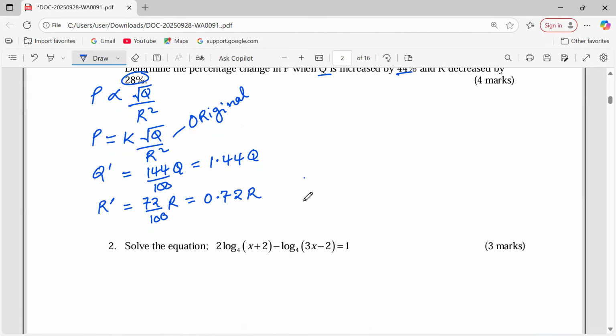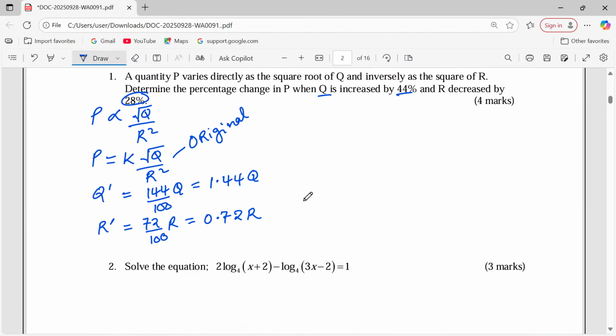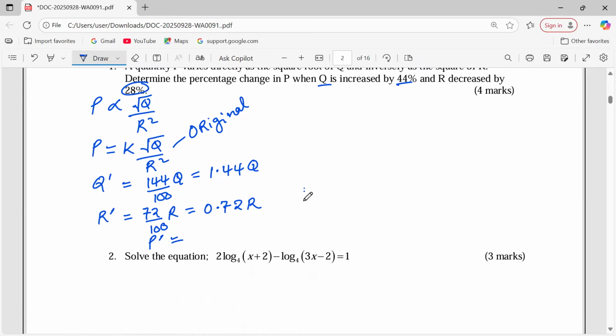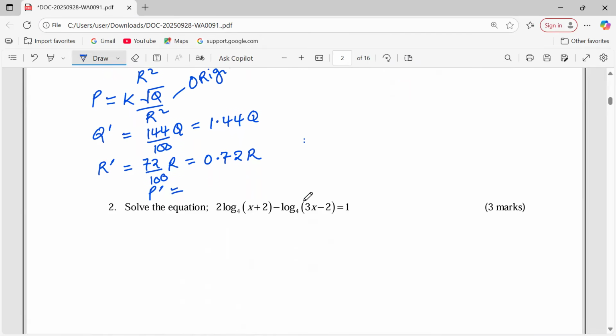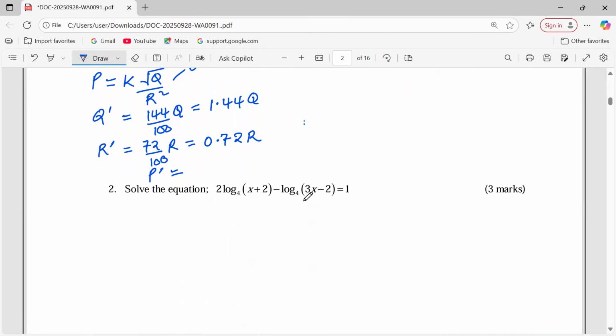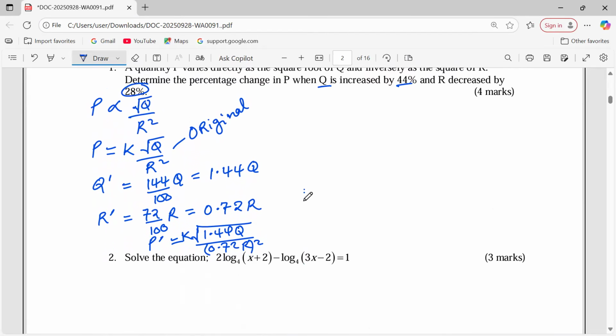Now with the new Q and R, we can also get the new P. So P shall be given by the square root of the new Q, 1.44 Q. Remember, there is a constant here, out of the square of the new R. So what are we getting from this?